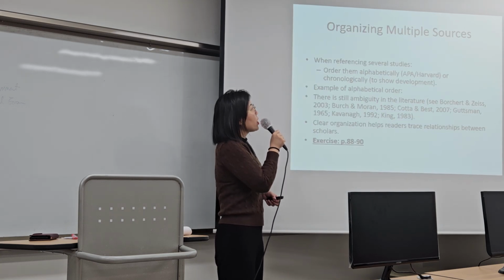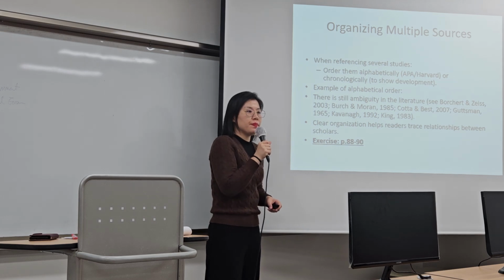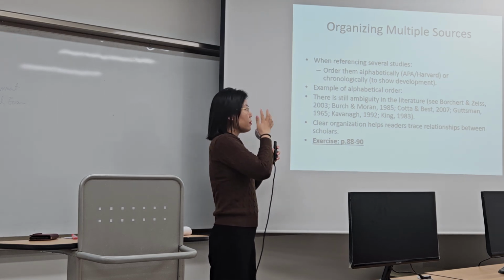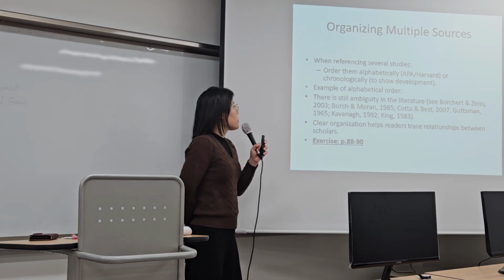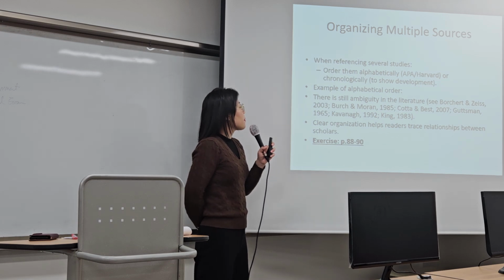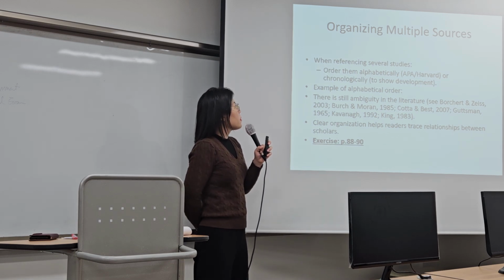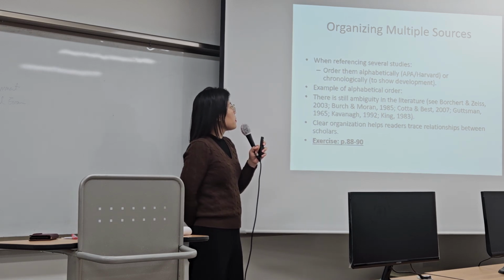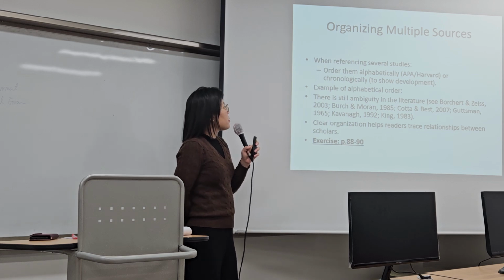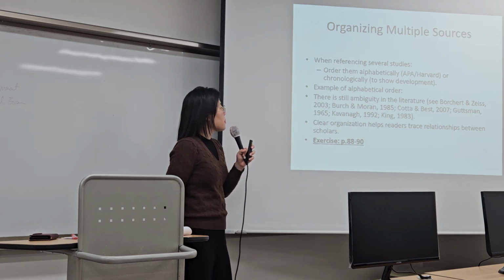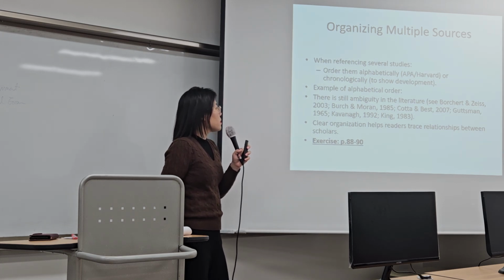All right, organizing multiple sources. When referencing several studies, order them alphabetically, as in APA or Harvard, or chronologically to show development. Example of alphabetical order. There is still ambiguity in the literature.